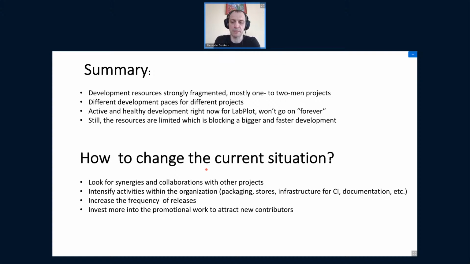We are looking for other projects or other frameworks and libraries that we can use in our application, that would help us speed up the development of the project. We also would like to intensify the activities within KDE, within our organization. Those activities are around packaging of the software and distributing it through various app stores like the Microsoft Store, Apple Store, and so on.